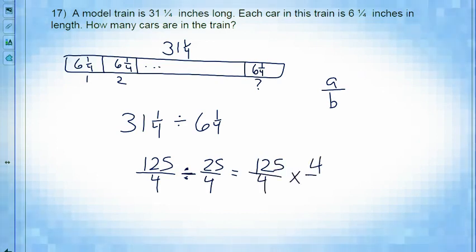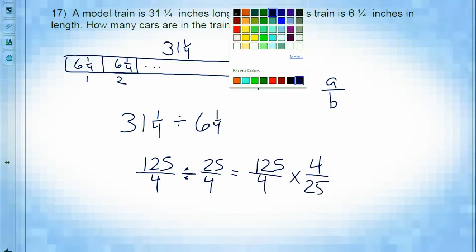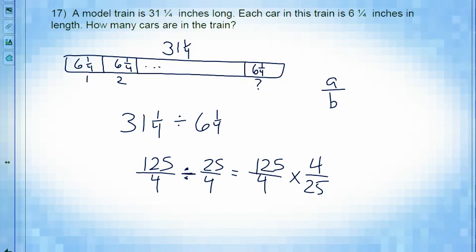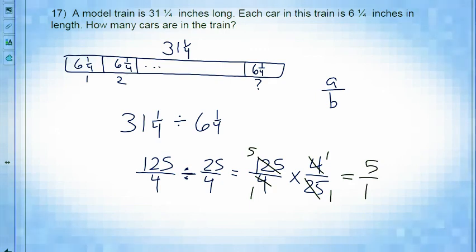Flip. And for one final time on this test, I am going to cross-reduce because I know cross-reducing is my friend. Divide by 4, divide by 25. Can you count by quarters? We used to when we were kids. 25 cents, 50, 75, $1, $1.25, and so on. You guys probably don't even use change anymore. It's all digital. 5 cars.